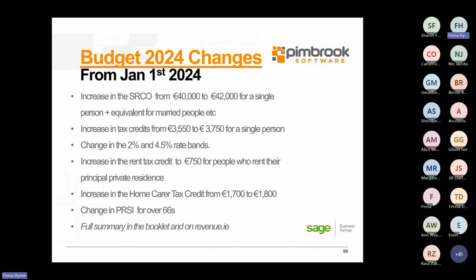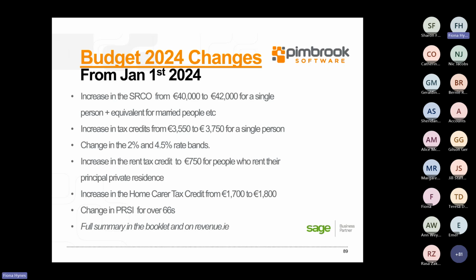And of course, we'll mention budget 2024 and main items that will affect the payroll for 24. There's an increase in the standard rate cut-off from 40 to 42,000 for a single person and equivalent for married people, etc. An increase in tax credits from 3,550 to 3,750 for a single person. There's a change in the 2% and the 4% rate bands for the USC.